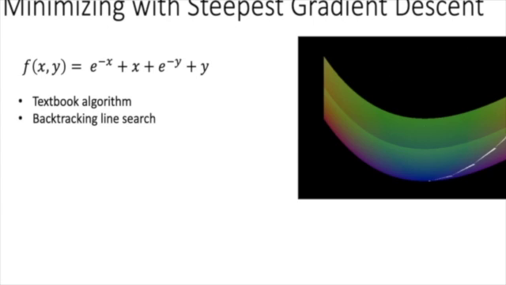You can see the step length is large and kind of optimal, the direction is close to optimal, and the step is large, and then it converges very fast.